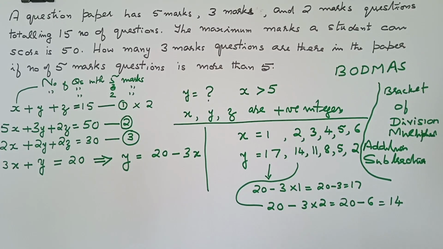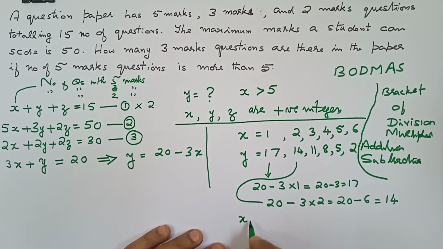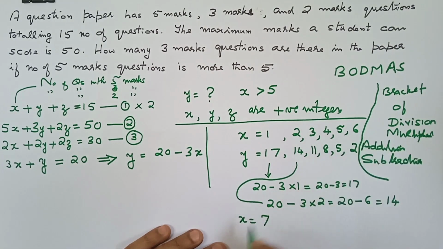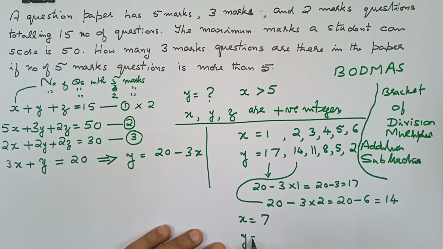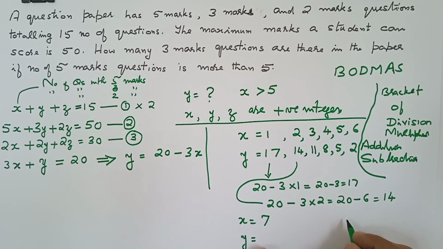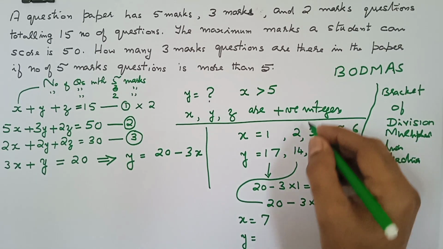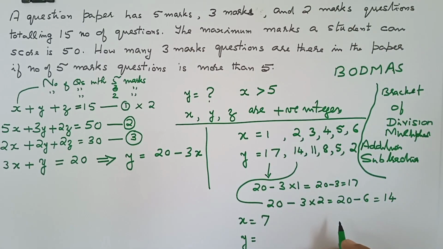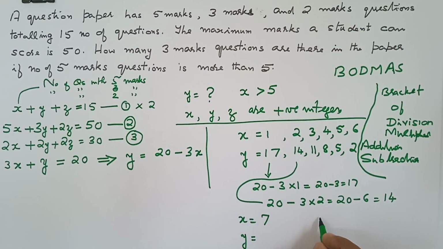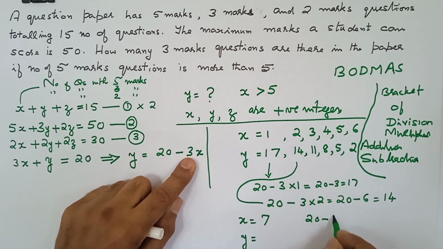Now, supposing you put x equal to 7, which is the next value, what will be y? This also we need. That's why I'm writing here. I'll simplify this to help you understand this operation in a much better manner. So 20 minus, where do you substitute? 3 into 7.